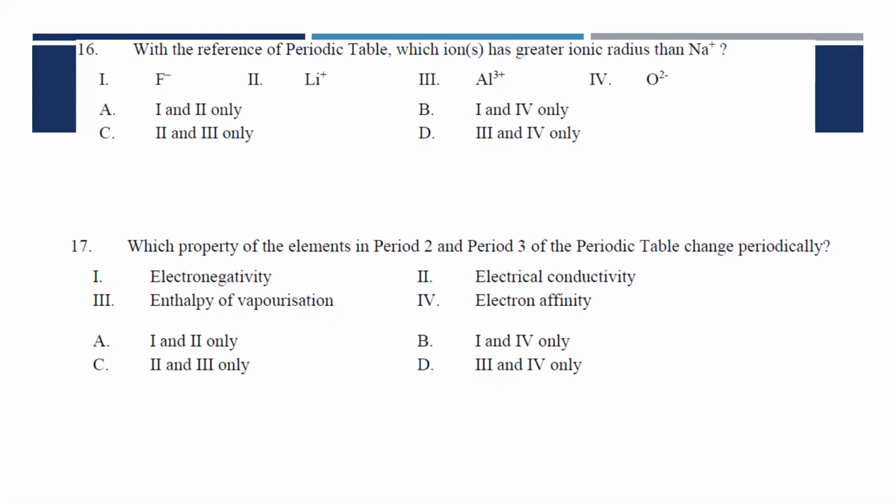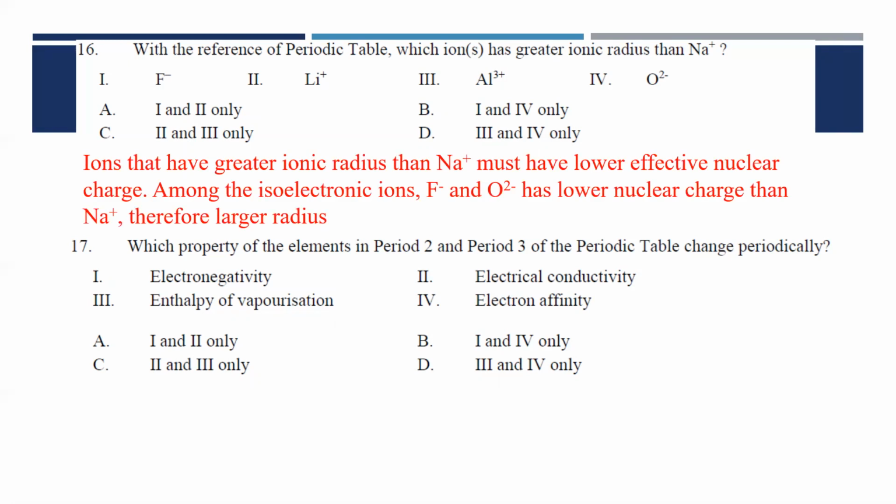Among them, F minus and O2 minus have a lower proton number than sodium, so we expect F minus and O2 minus to have a larger ionic radius compared to the sodium ion. So that is how you answer question number 16. The answer is 1 and 4, so B is the answer.